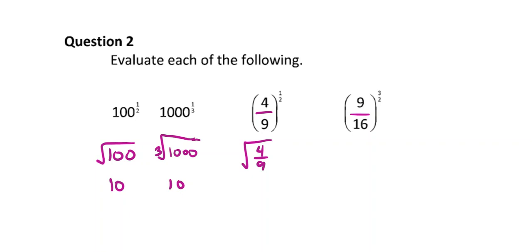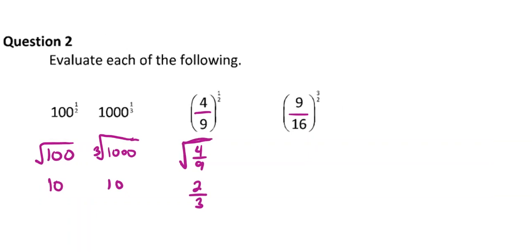So I just take the square root of the top, take the square root of the bottom. So that's just 2 over 3. Square root of that? No, that is the answer. We took the square root to get that.